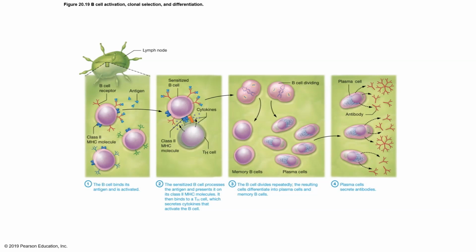It then binds to a helper T cell, which activates and secretes cytokines that then can activate this B cell. Now the B cell can start dividing and become specialized. It differentiates into plasma cells, which can now produce antibodies for that particular antigen, and memory B cells that'll stay in the circulation as dormant until they can be reactivated on a second exposure to that same antigen. And then your plasma cells start secreting antibodies very rapidly.